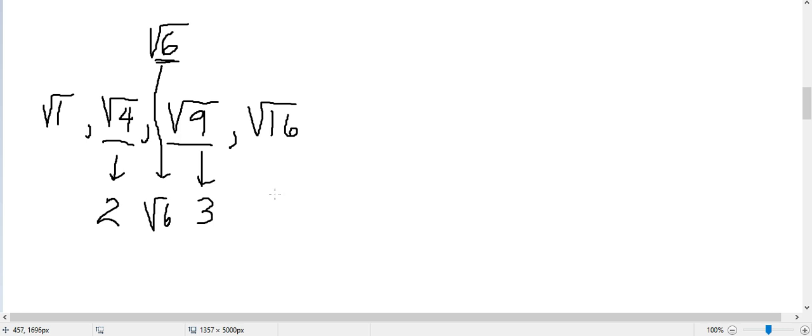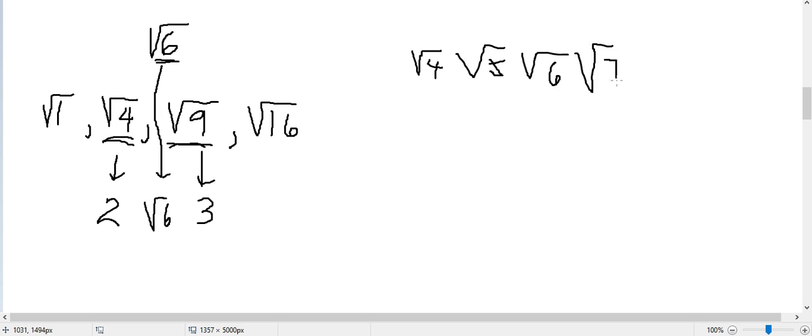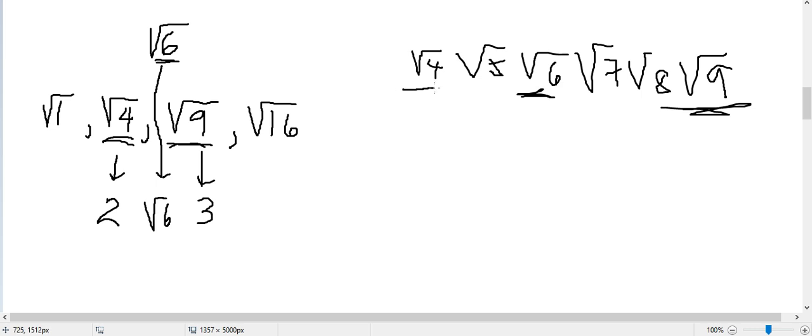But which is nearer or closer, square root of 4 or square root of 9? So we have square root of 4, square root of 5, square root of 6, square root of 7, square root of 8, and square root of 9. So square root of 6 lies between square root of 4 and square root of 9.